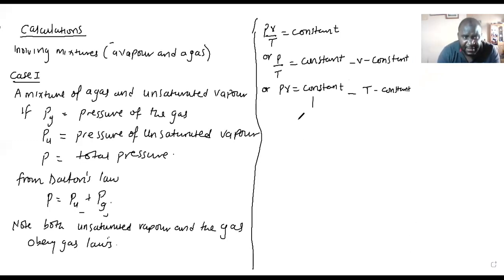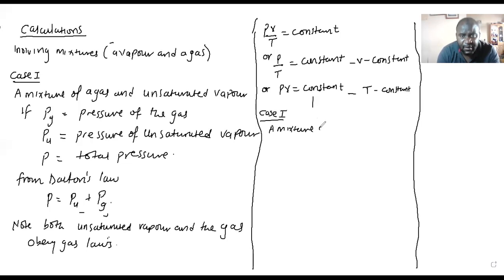Then the second case, case 2. The first one was unsaturated vapor. Now, what if we have a saturated vapor and a gas? So this is a mixture of saturated vapor and a gas.